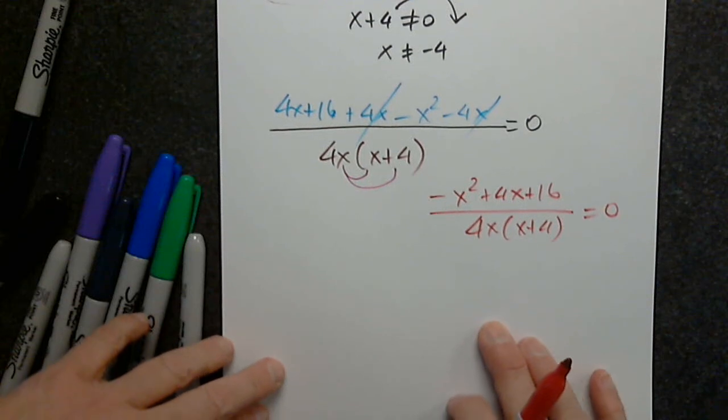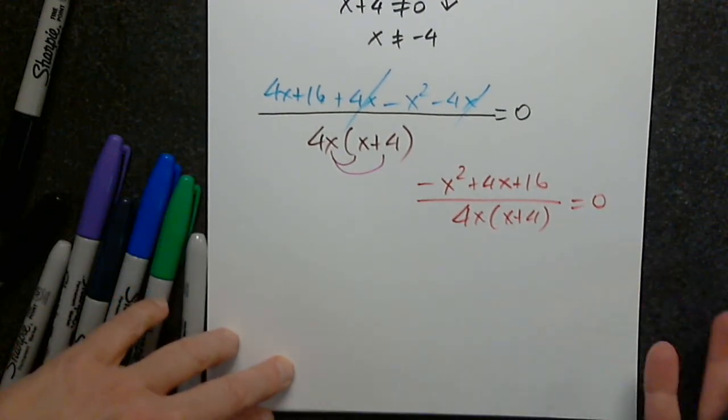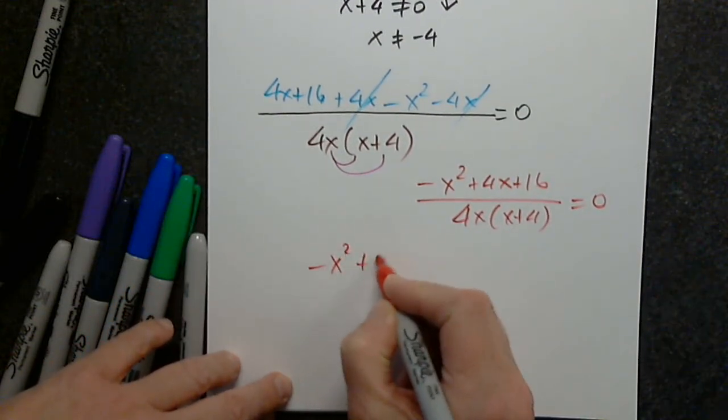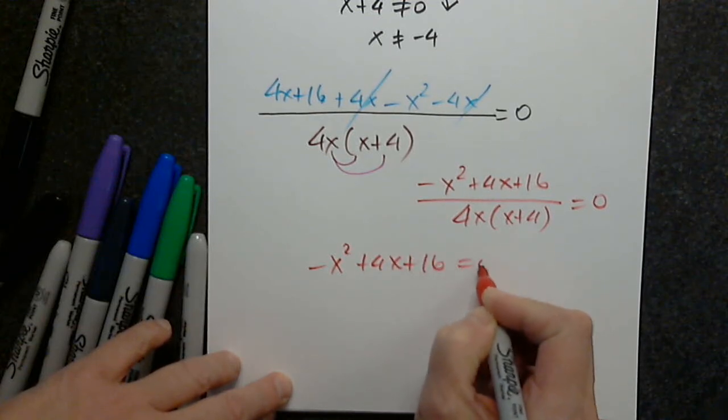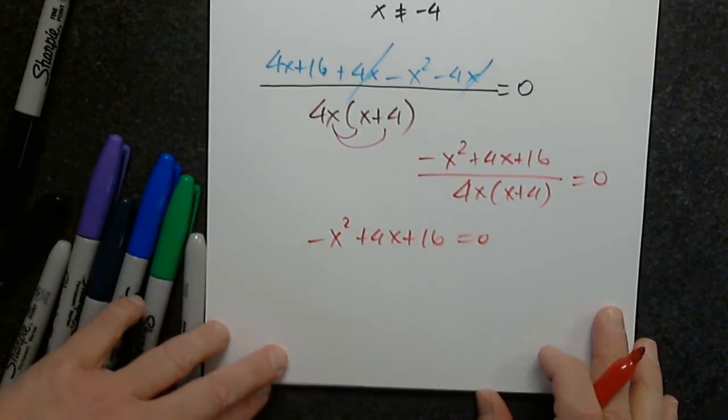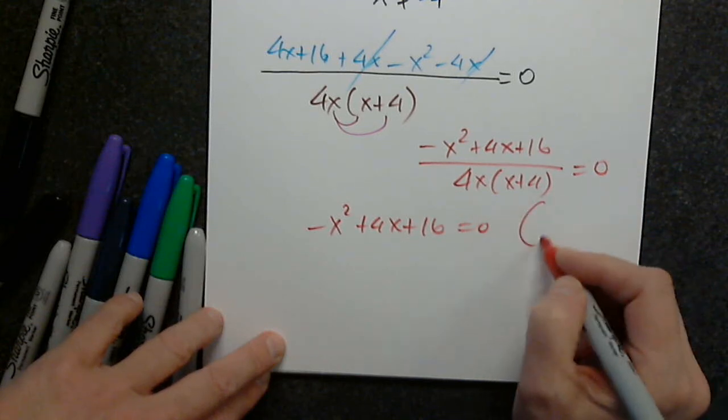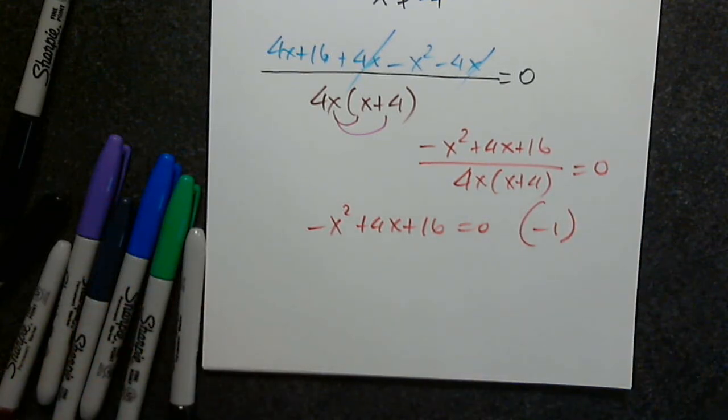So now, if you want to do the elegant way, you'll say a fraction is 0 when the top is 0. Negative x squared plus 4x plus 16 equals 0. Of course, you will multiply both sides by negative 1 because we should always refuse to solve any equation, especially a quadratic equation, with a negative leading coefficient.